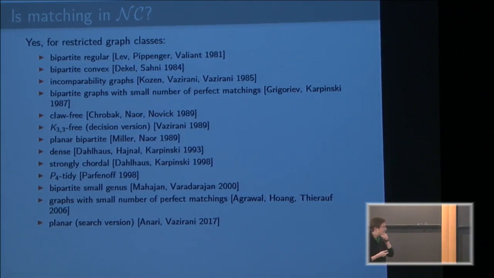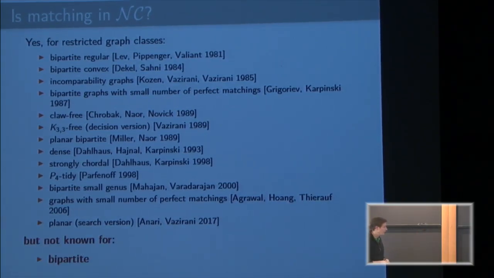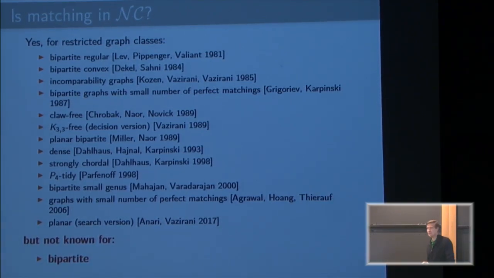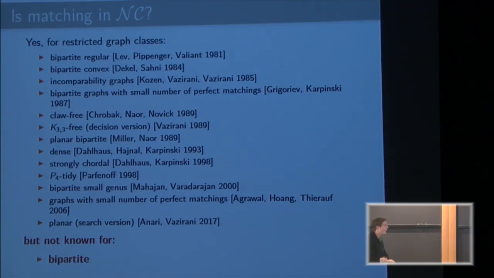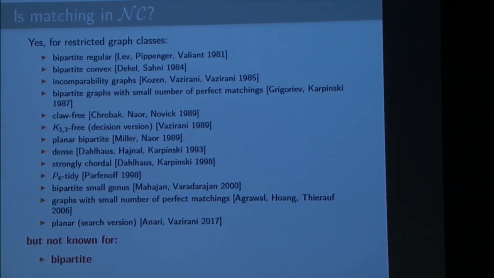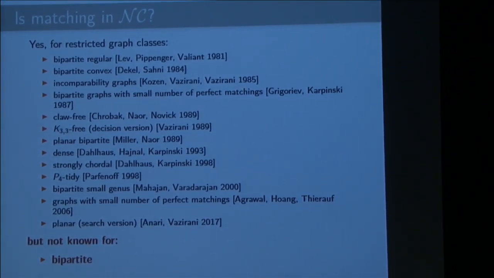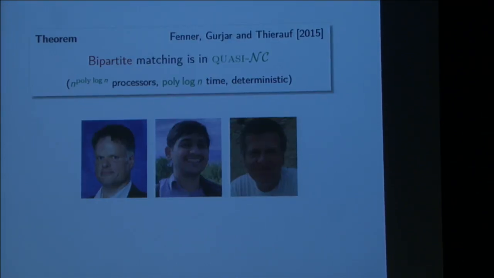But in spite of all these graph classes, one very natural graph class remains open, the one that Jacobi solved 150 years ago. We thought we understood matchings for bipartite graphs. A major progress for that graph class was achieved two years ago by Fenner, Gurjar and Thierauf.